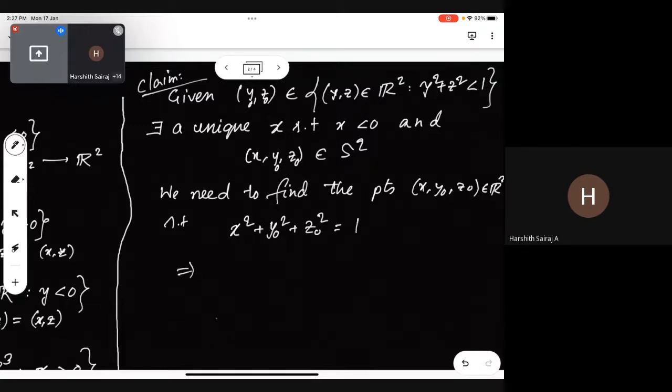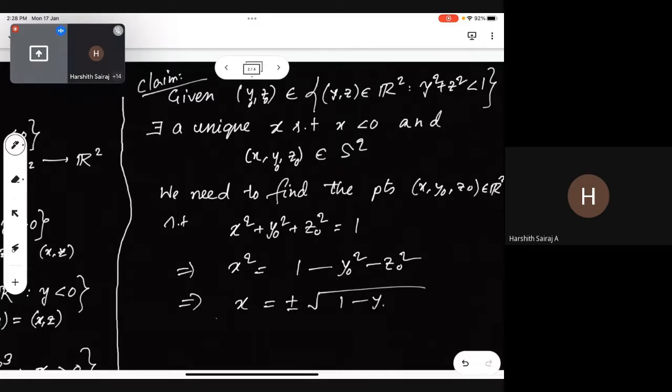Which means x square is equal to 1 minus y naught square minus z naught square. So x is plus or minus the square root of 1 minus y naught square minus z naught square. Since this is less than 1, the square root is perfectly fine.